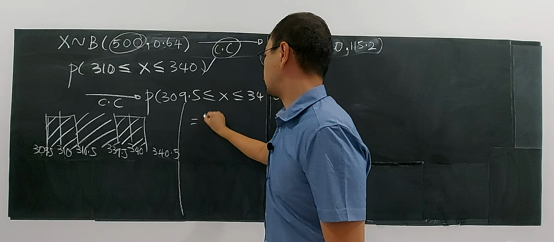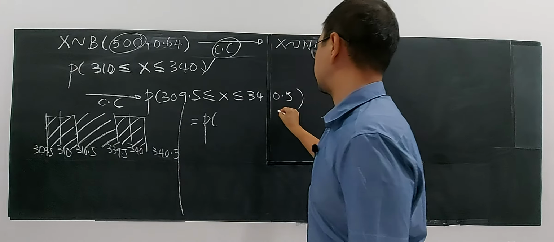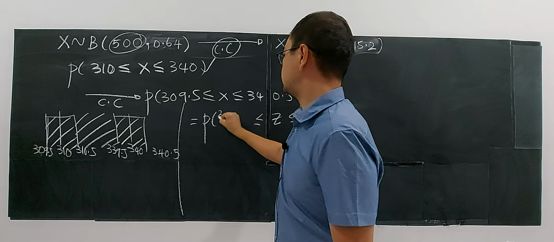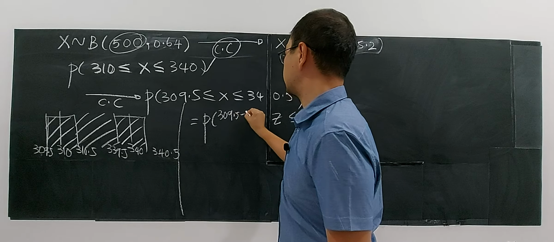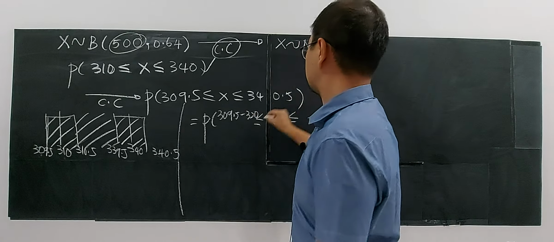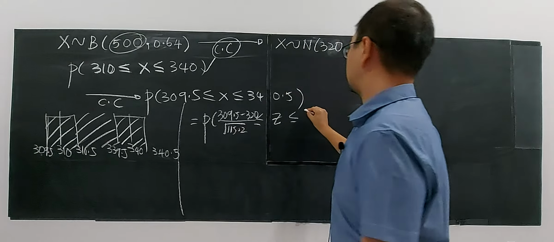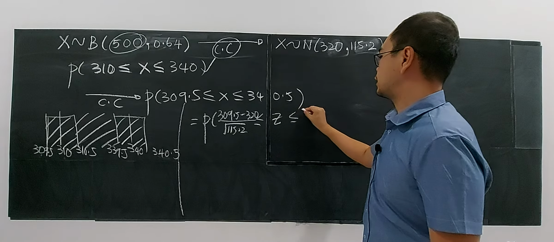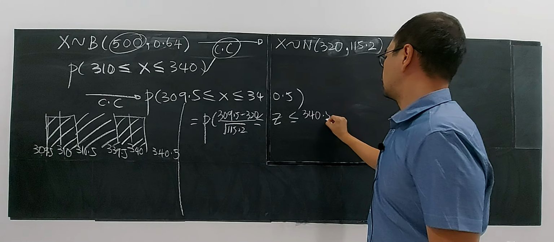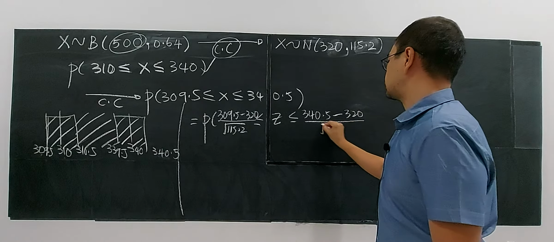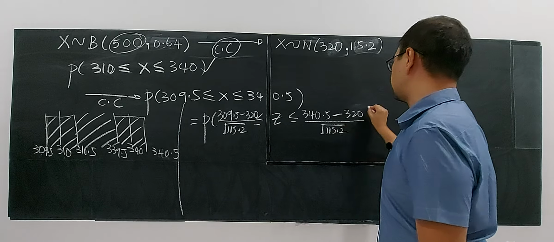You have to convert this into score Z, and you have to show your working: 309.5 minus 320, divided by the square root of 115.2. Same thing for this one, you take the x value minus the mean, divided by the square root of 115.2.